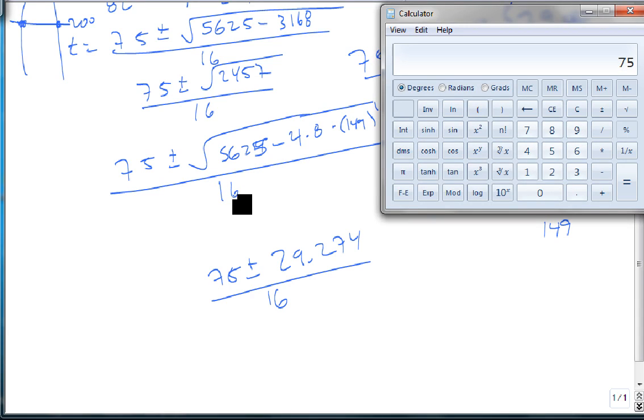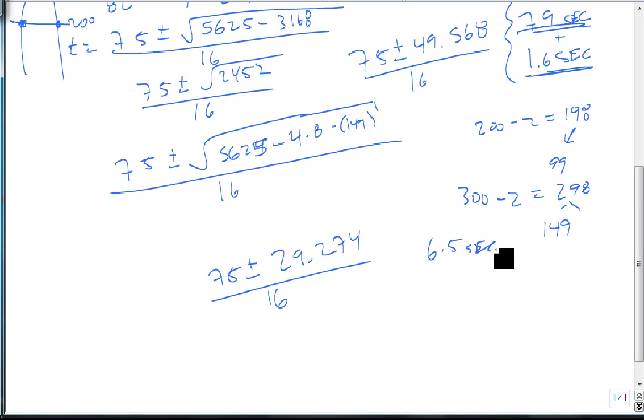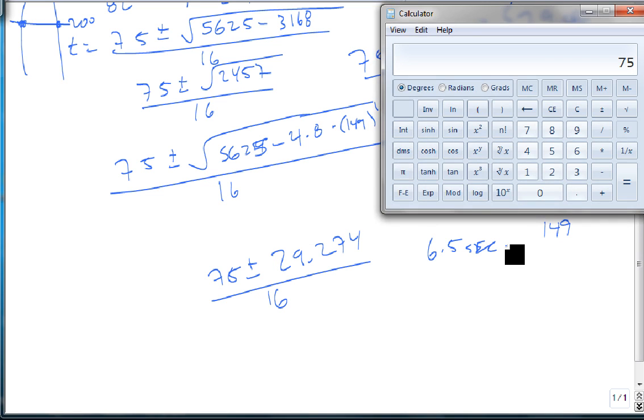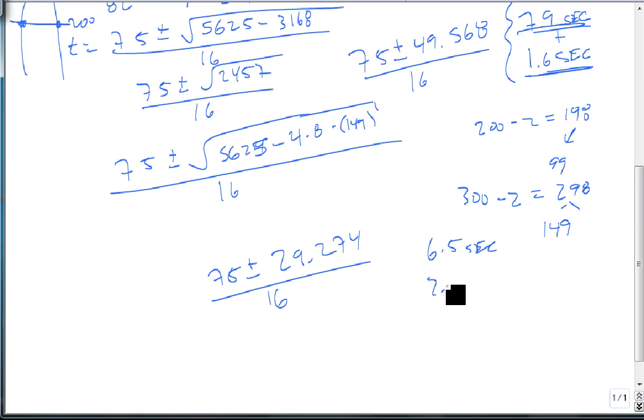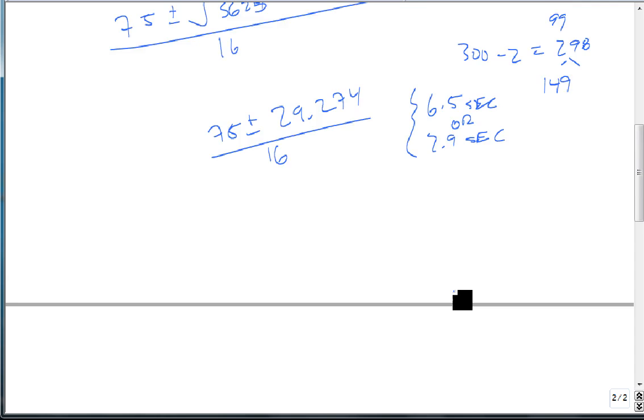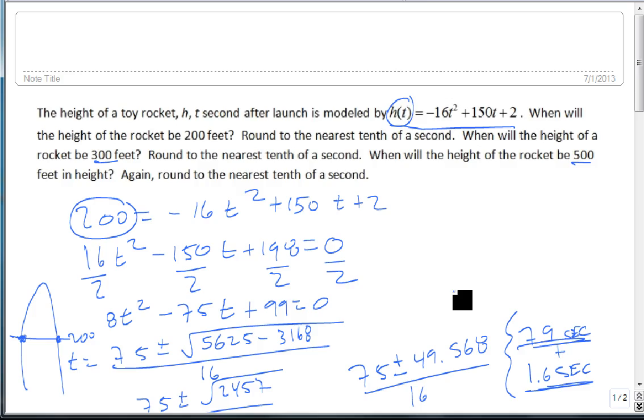So 75 plus 29.274 divided by 16 gives 6.5 seconds, and 75 minus 29.274 divided by 16 gives 2.9 seconds. So when our height is going to be 300 feet is about 6.5 seconds, and at just under 3 seconds.